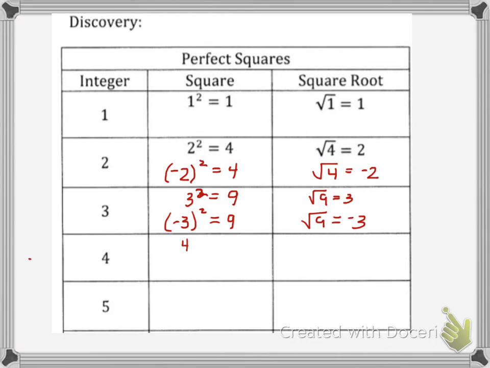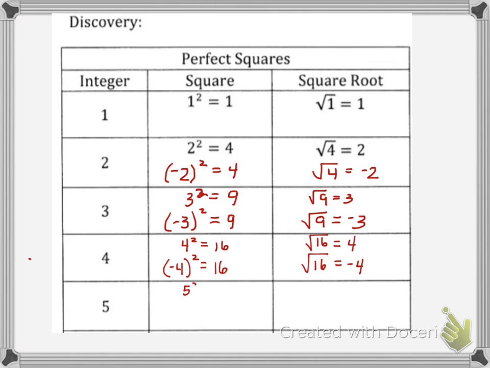We know that 4 squared is equal to 16, and negative 4 squared is also 16. And so that makes the square root of 16 equal to 4, or equal to negative 4.